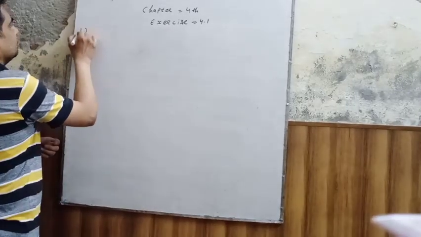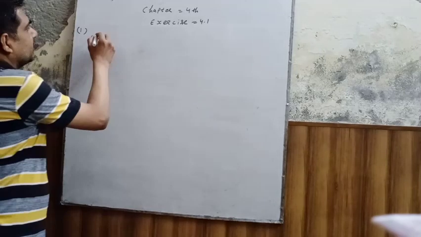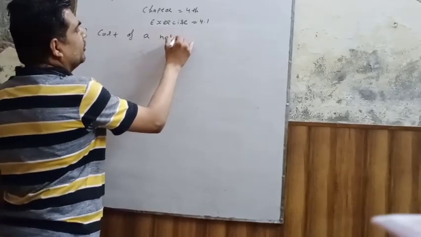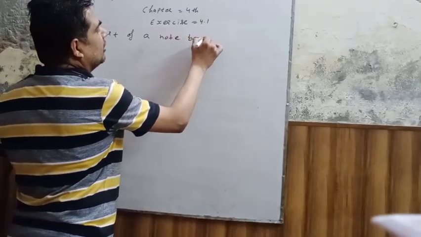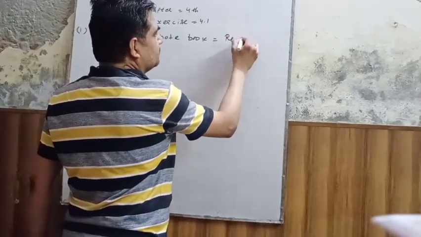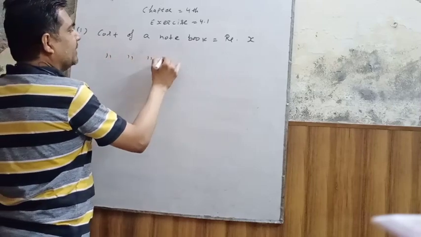Firstly, we let the cost of a notebook be rupees x and the cost of a pen be rupees y. According to the question, the cost of a notebook is twice the cost of a pen.